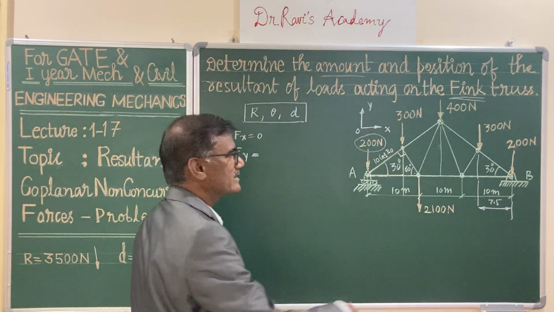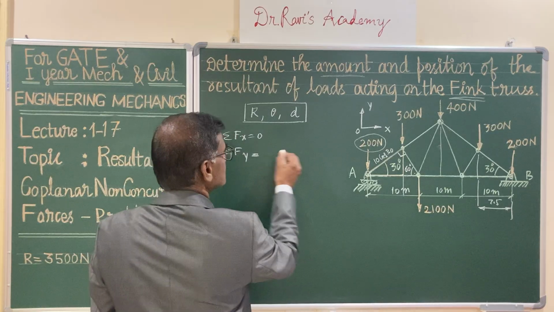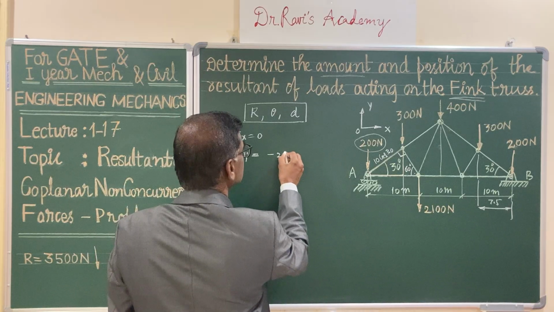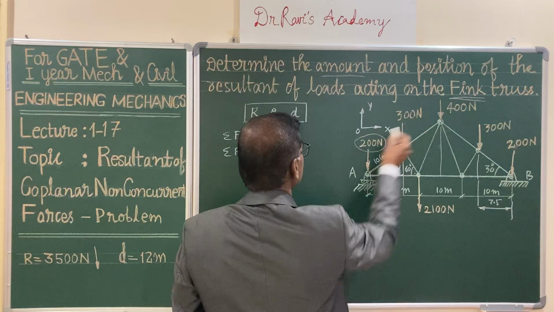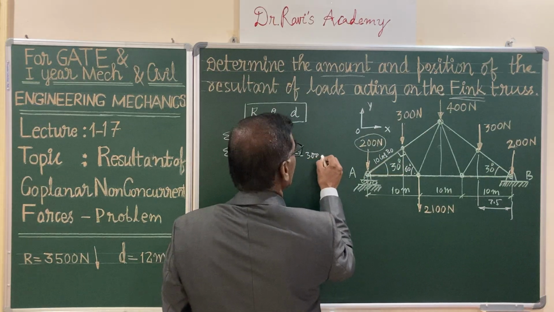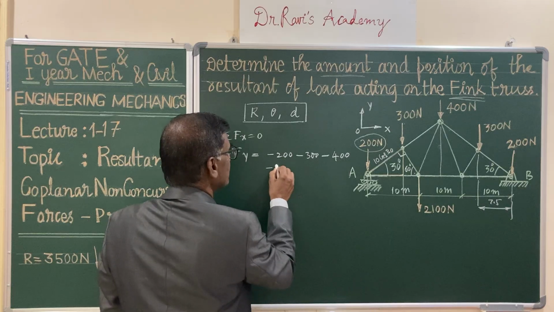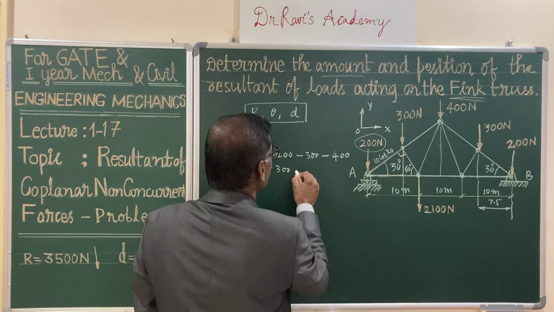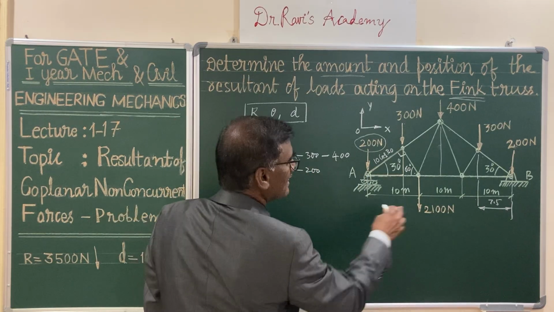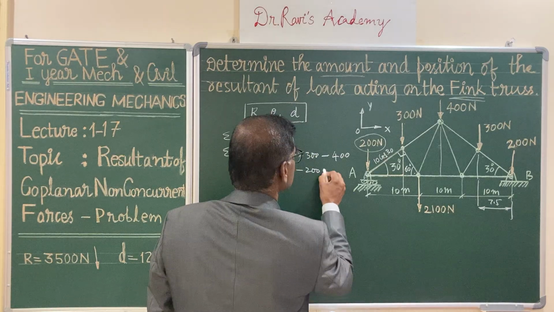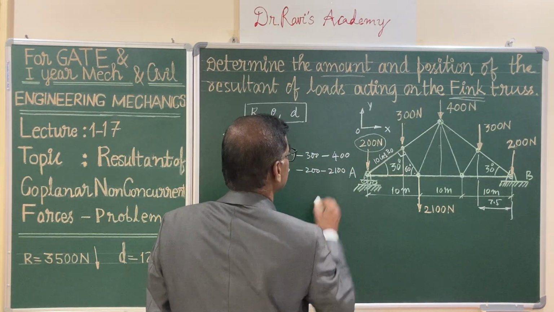The forces pointing downwards are negative. So it is minus 200, minus 300, minus 400, again minus 300, minus 200, and a point load acting here, minus 2100.